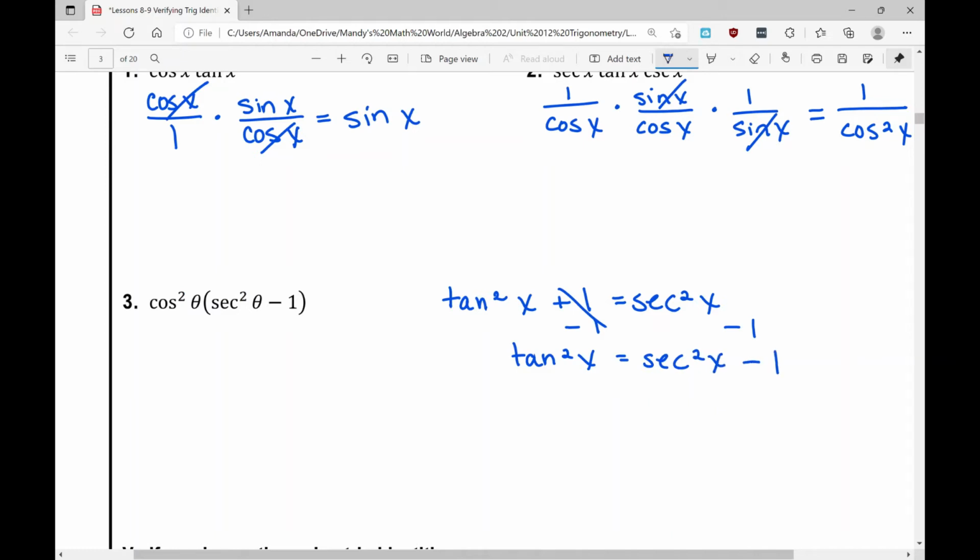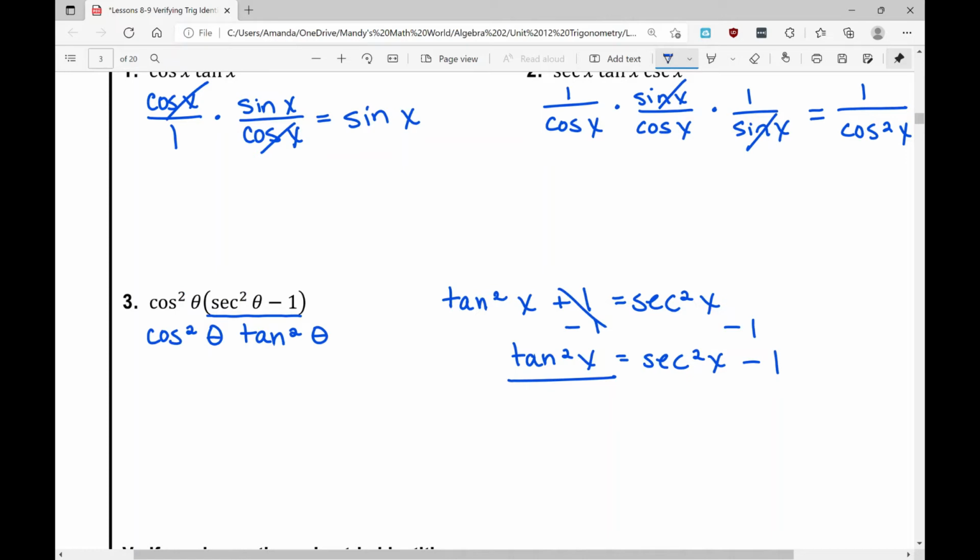I could. So secant squared theta minus 1 is the same thing as tangent squared theta. So what I'm going to do is rewrite this as cosine squared theta times tangent squared theta, because I know tangent squared theta is the same thing as secant squared theta minus 1. So I'm just rewriting it.